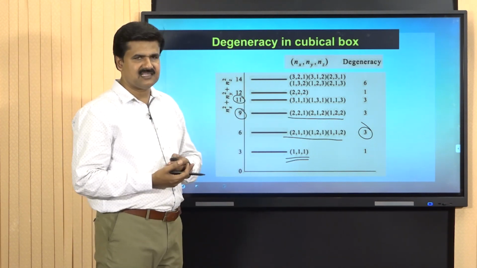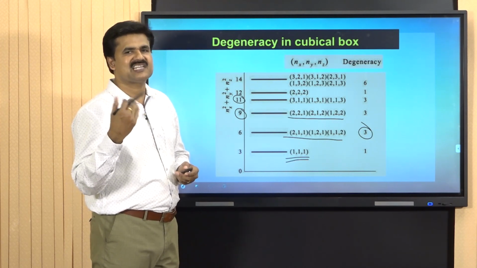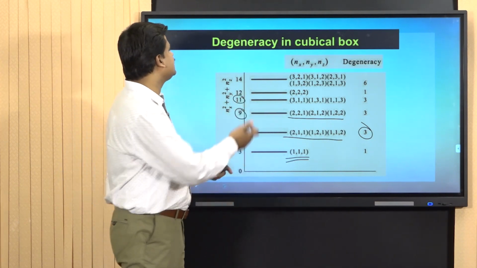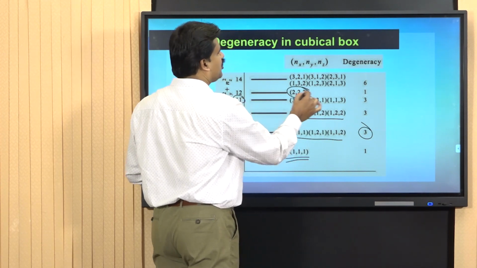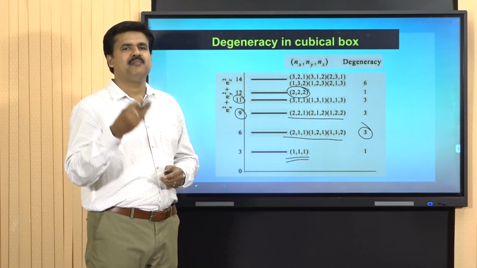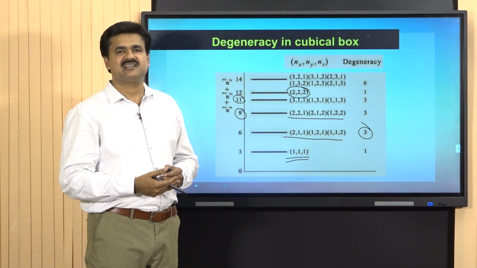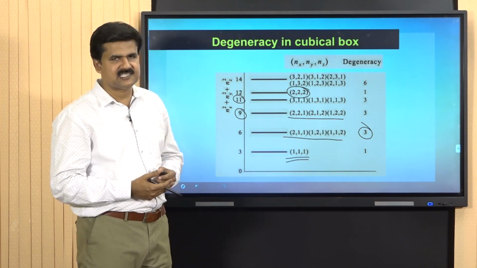Hence, it is clear that some of the energy levels of a particle in a 3D box, especially a cubical box, are degenerate. This level 12h square divided by 8ma square is non-degenerate because the only possible arrangement is 2, 2, 2. So, not all, but most of the energy levels of a particle in a cubical box are degenerate.